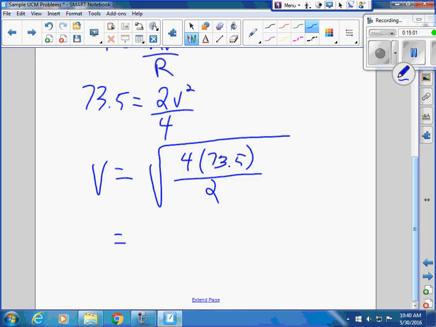Correct. 12.1 meters per second. 12 meters per second times 3.5, that's about 40 kilometers an hour.